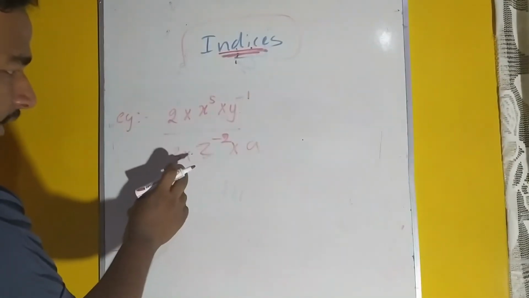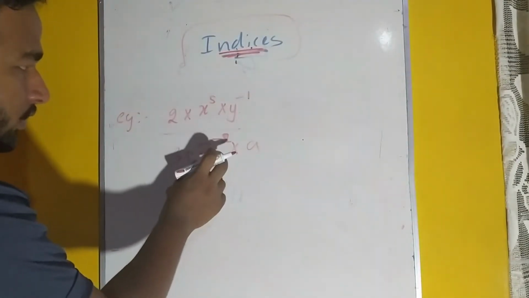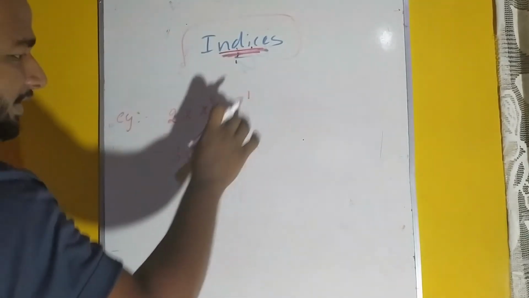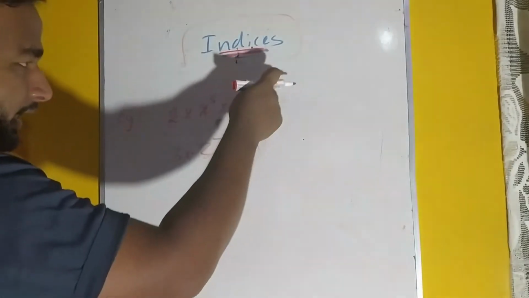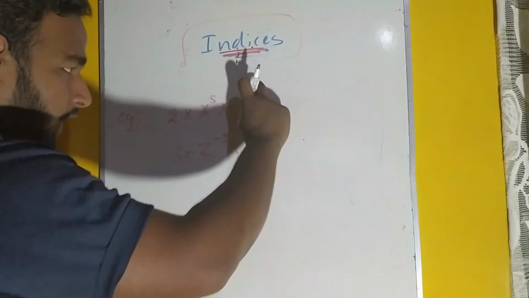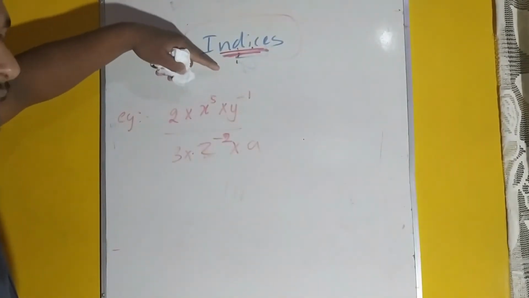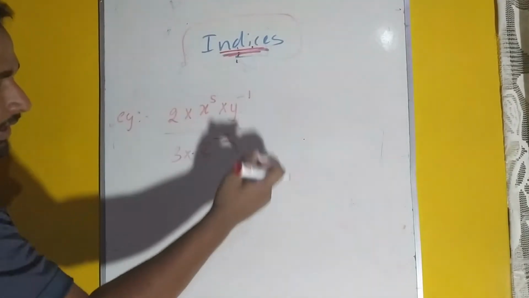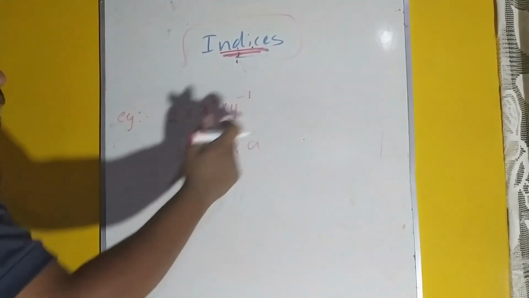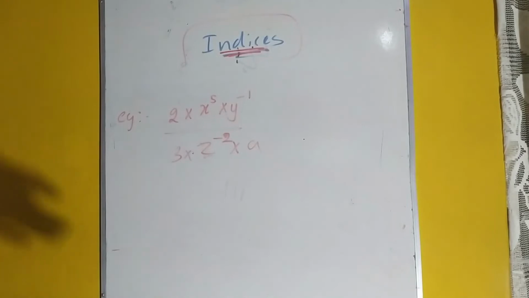Let's come to the denominator. Only the power of z is negative, so you should change only this y and z. The power of y is negative in the numerator, not in the denominator, so if it becomes the denominator, the power will change to plus.